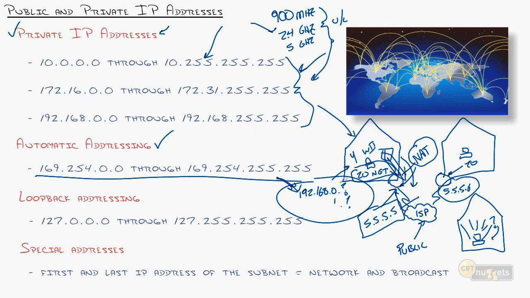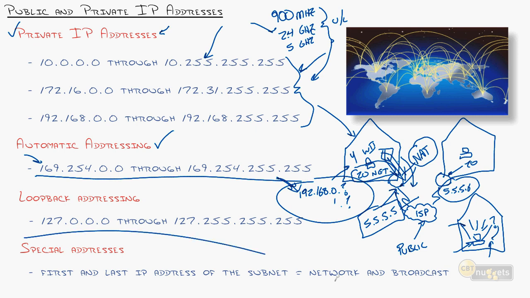Now, it's smart enough to actually send out a little beacon saying, hey, is anyone else out there 169.254.20.52? If it doesn't hear back, it goes, oh, okay, that's the IP address that I'm going to use. So usually, if you see this address, something bad has happened because you don't usually want to see those. But what that allows you to do is build your own little local area network. You won't be able to get on the internet with it, but you have your own little local area network if things break down or you just don't want to think about DHCP.